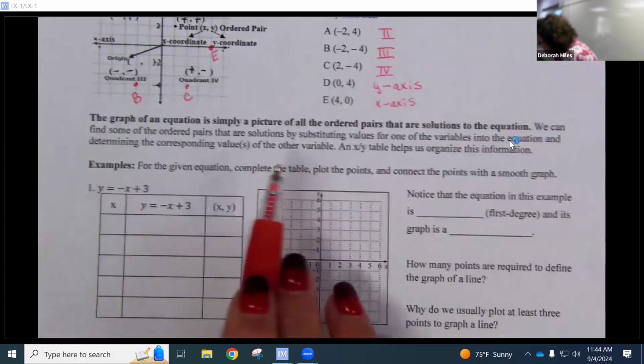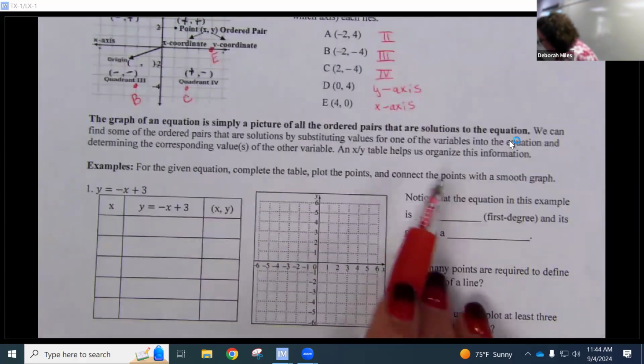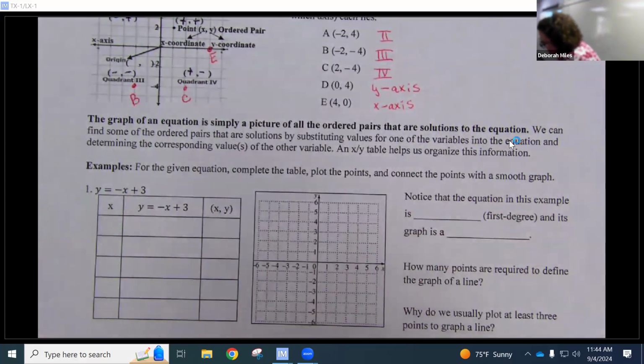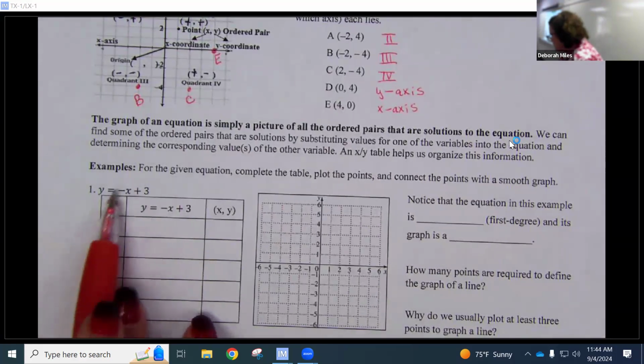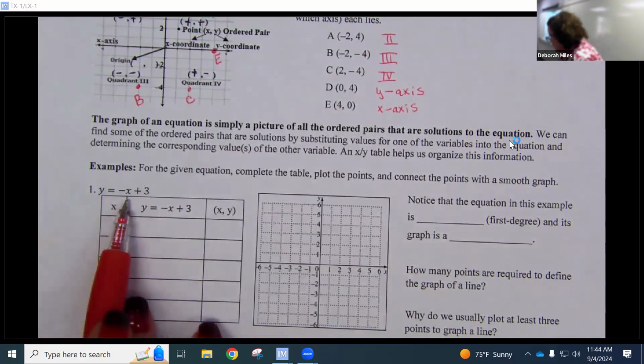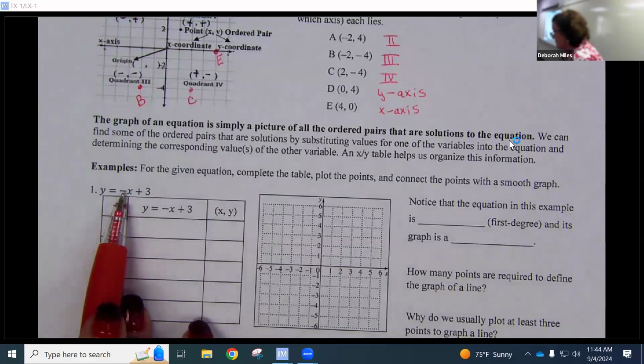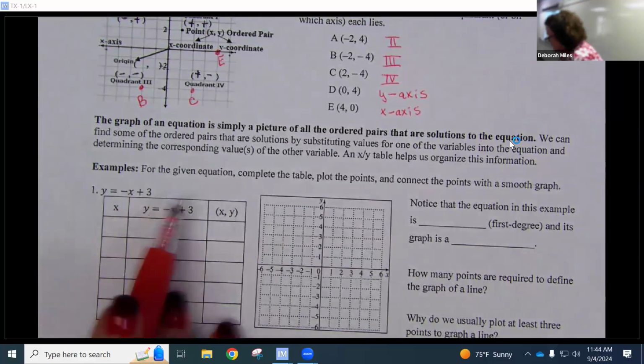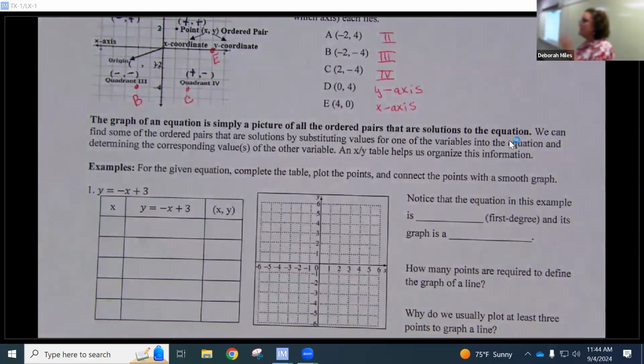So let's see, for the equation, complete the table, plot the points, connect the points with a smooth graph. What kind of x's could I put into that equation? Is there anything that would blow up that equation, cause it to be undefined? No, you give me any number in the whole wide world, I can take the opposite of it and then add 3.